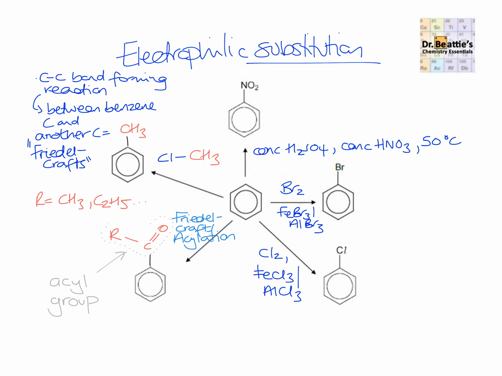And then because we've got that chlorine in there, we're going to have to remove this to make this our electrophile. And we're going to remove that through the use of a halogen carrier. And so this halogen carrier, aluminium trichloride, shares the same halogen as we've got in our actual haloalkane.